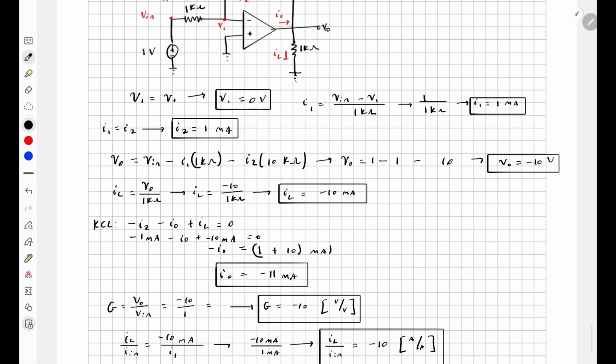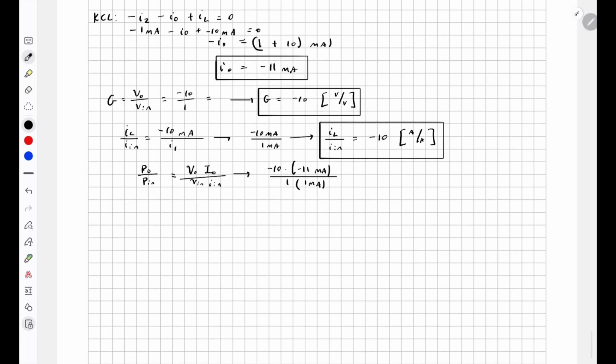I in is the same as I1. So the milli cancels. We are left with power gain, P out divided by P in, equal to 10 times 11 is 110 divided by 1. So the units are watts over watts.